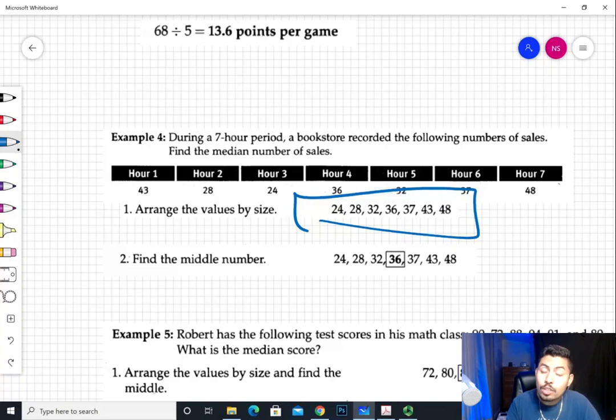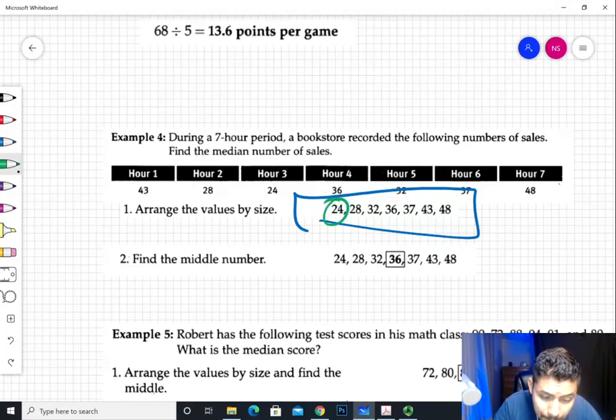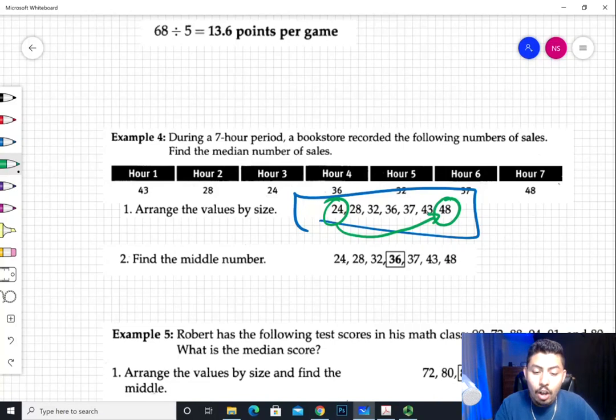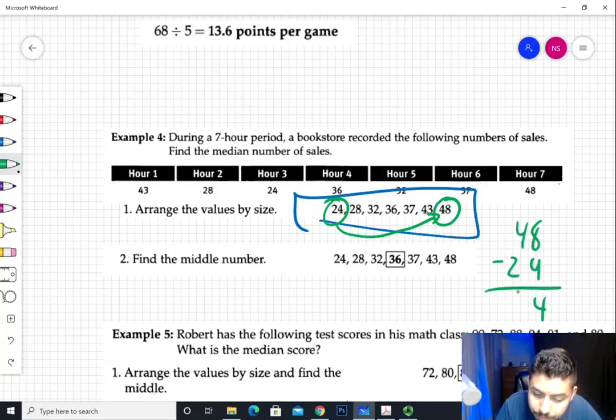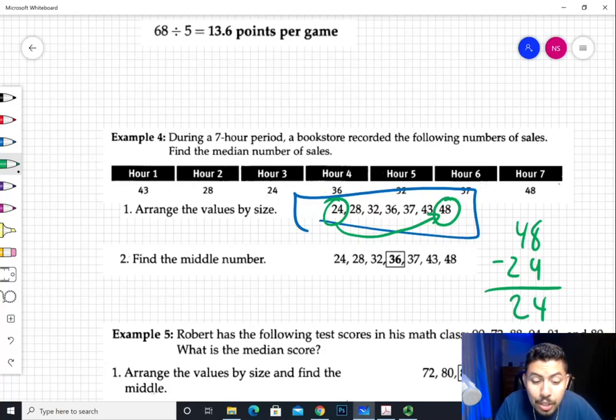But if they asked for the range, all you have to do is then subtract the lowest number from the biggest number. Okay? 48 minus 24. You get 24. And that would be the range if they were to ask you for the range.